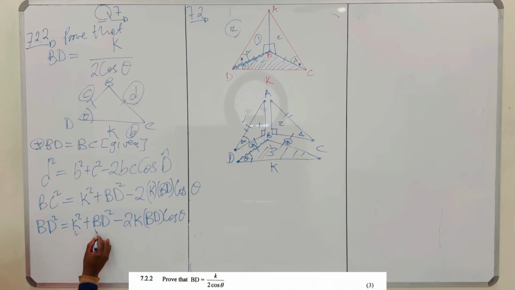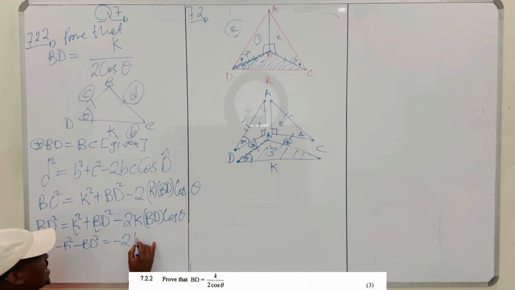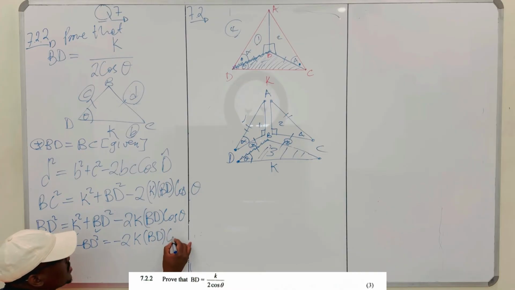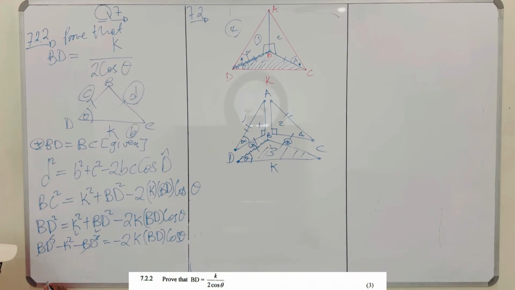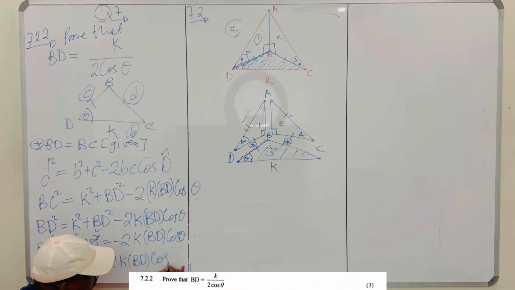We have bd squared minus k squared minus bd squared, which is equal to negative 2k bd cosine theta. So this and this go away, and you're left with negative k squared equal to negative 2k bd cosine of theta. When you're here, you can divide both sides by negative and this becomes positive.